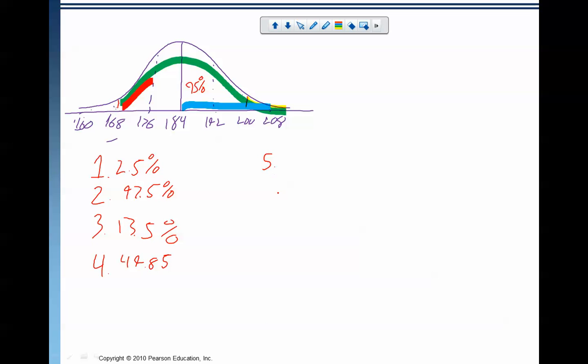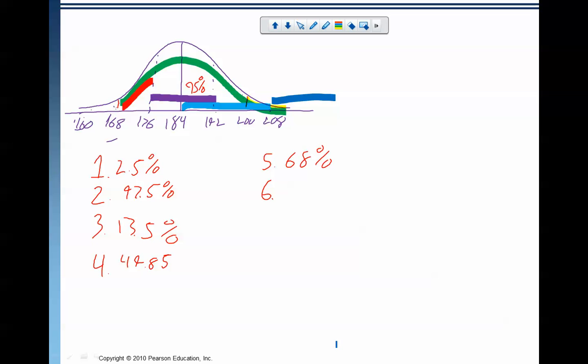What was number 5? 176 to 192? Did I really make that one the last one? Because 176 to 192 is super easy. I hope we can get that one. 68%. What's that? Over 208? Yeah, and technically speaking, we did over 208 already too, right?